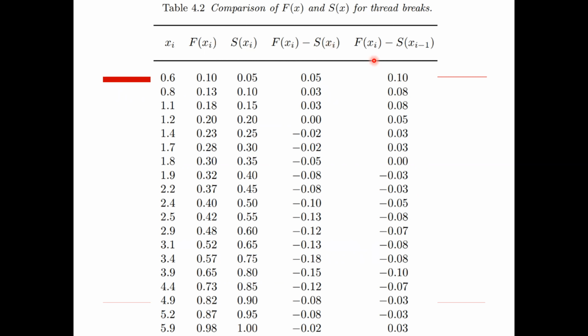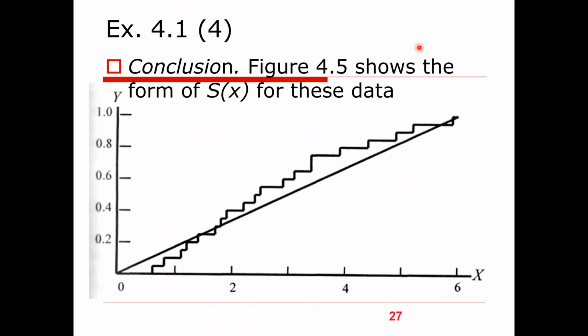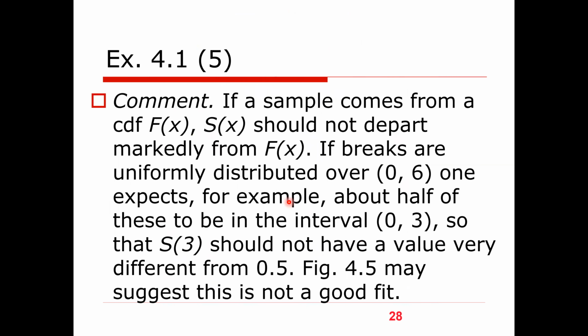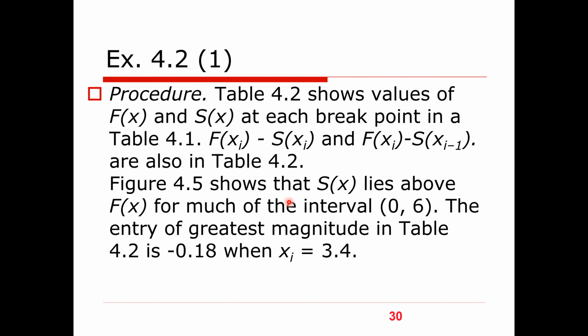And because of the stepwise nature of Sx, we also can use Fxi to compare with Sxi minus 1, which means we use each Fx to compare this part and this part, to avoid the inaccuracy brought by the stepwise nature.